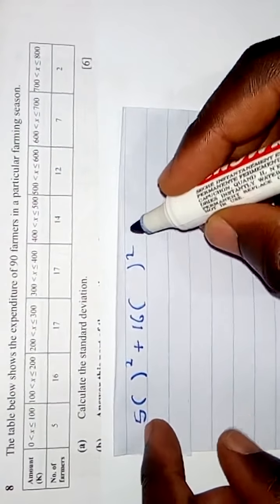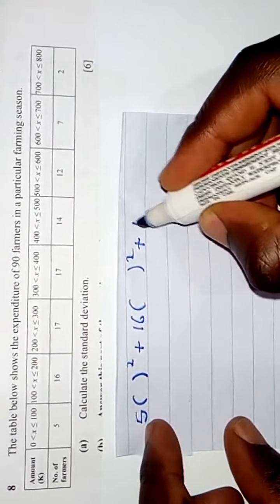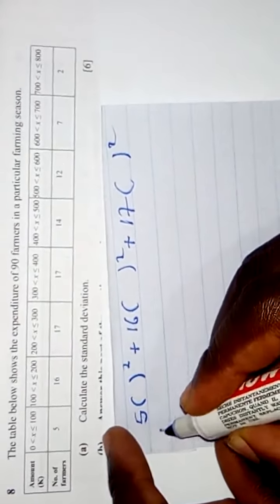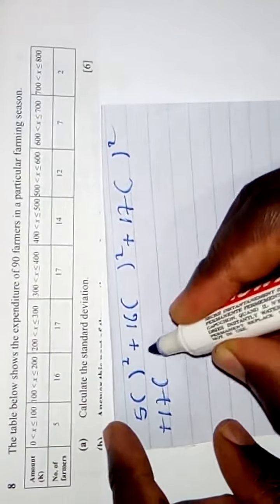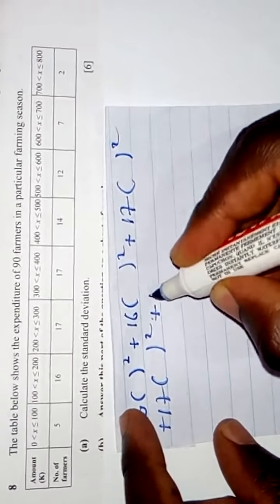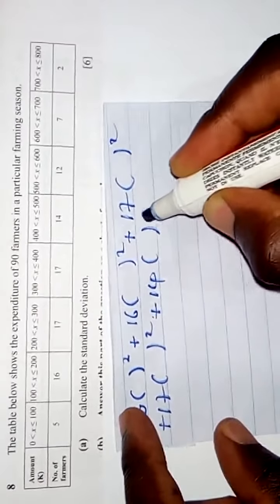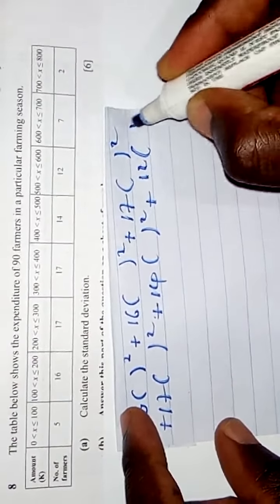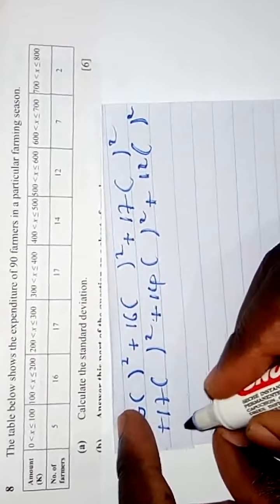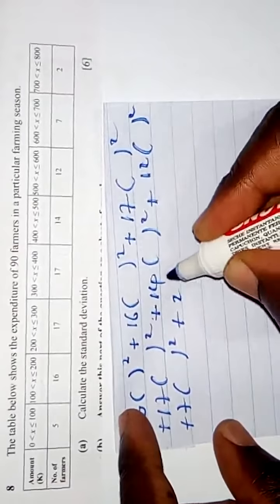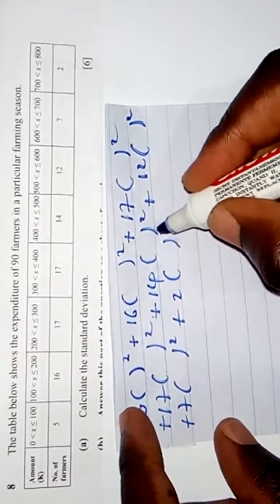Plus 17 squared, plus the other 17 squared, plus 14 squared, plus 12 squared, plus 7 squared, plus 2 squared.